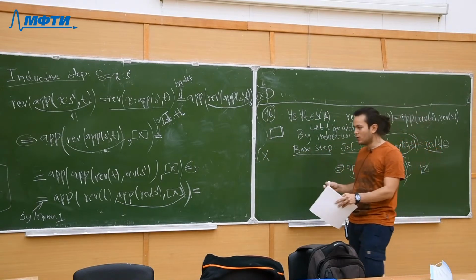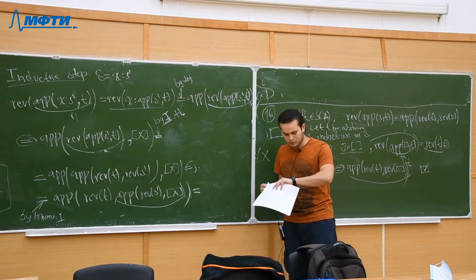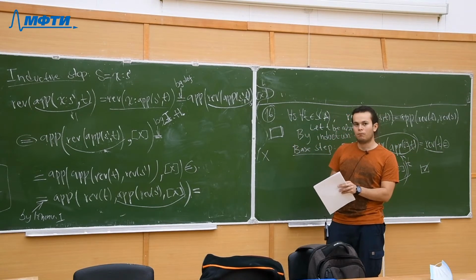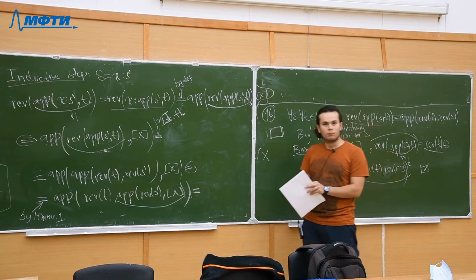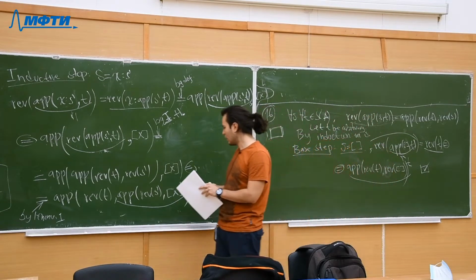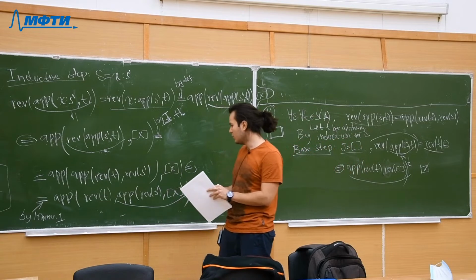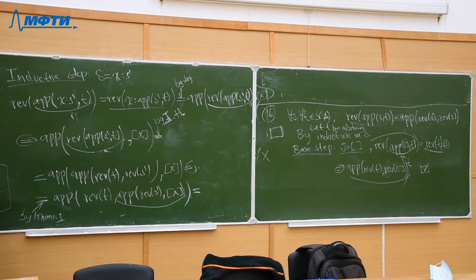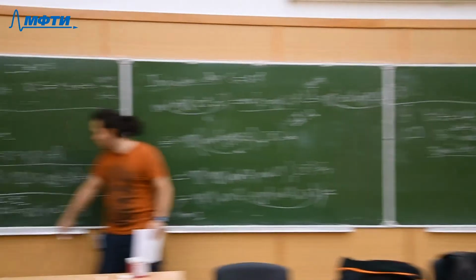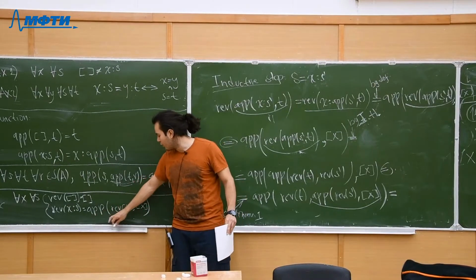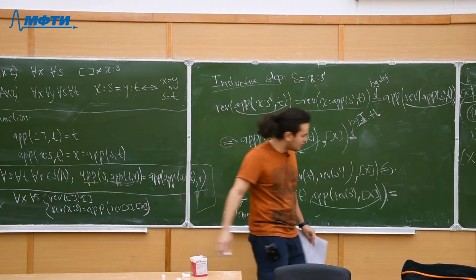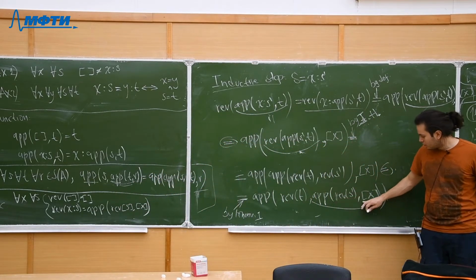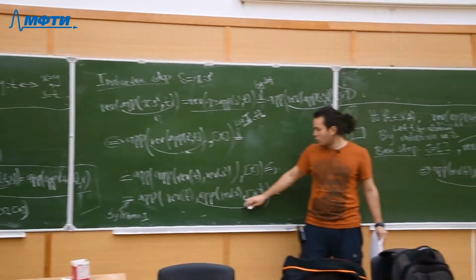What is this equal to? So what about the definition of the reverse of x column s? This is the app of the reverse of s x. The app of the reverse of s prime and x. So we can put this here.